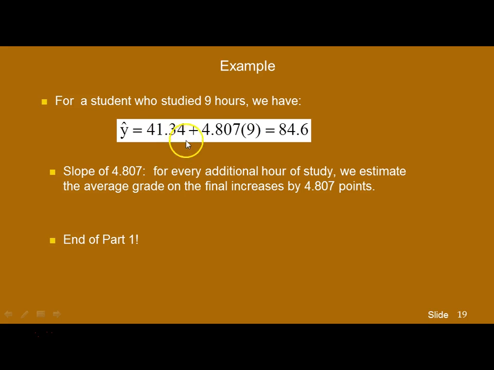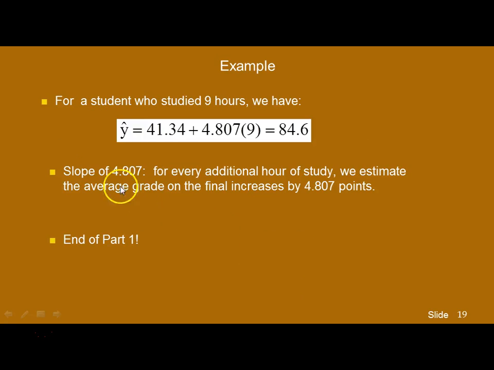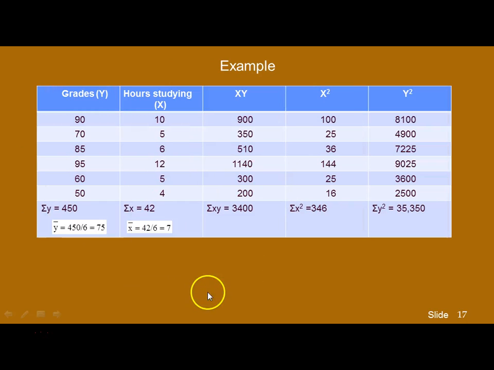We could also interpret the intercept term, but you have to be careful with that. Remember, technically an intercept says that if x was 0, let's go back to our previous slide, if x was 0, we would predict the grade to be 41.34. One problem sometimes with interpreting the intercept term is it might be outside the range of your observed data. If we go back to our numbers for just a moment, we didn't have any x values close to 0.